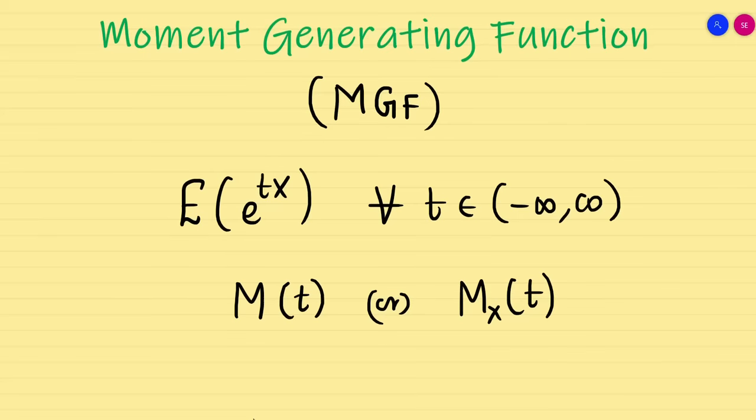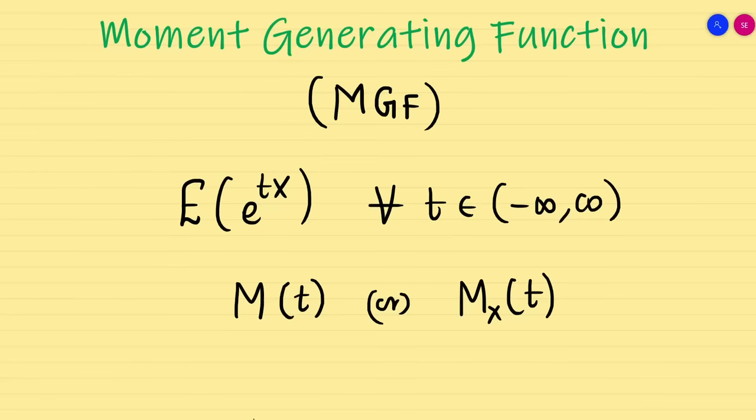So what comes to your mind immediately when I say moment generating function? We have to describe how it works for a discrete random variable and for a continuous random variable.